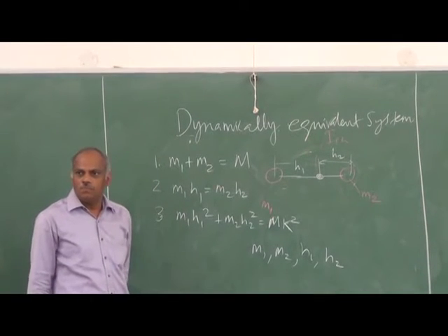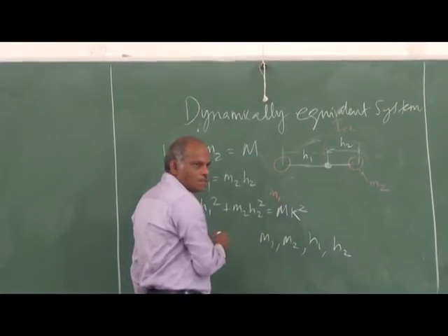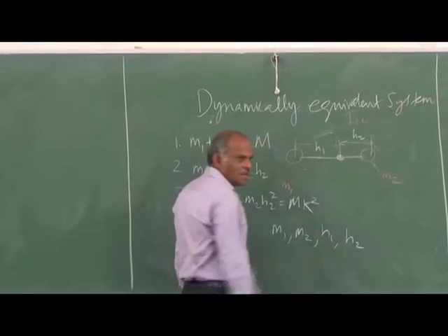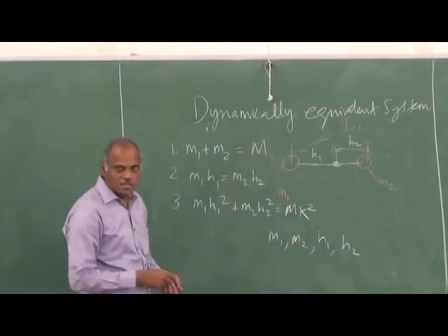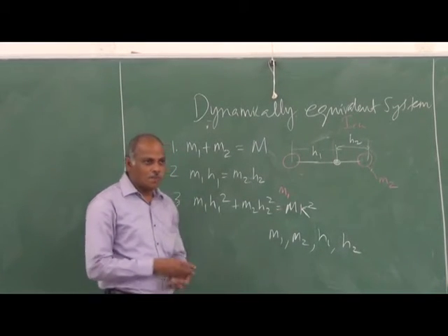You have four variables. That is, you can have a mass m1, you can arbitrarily have any mass, you can have mass m2, this is h1, h2. These are the four parameters that define the equivalent system.